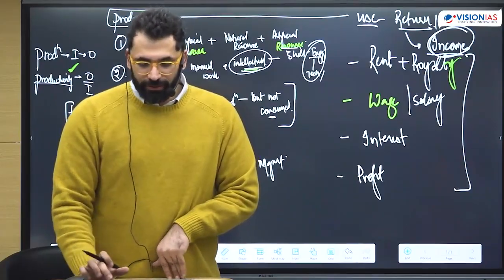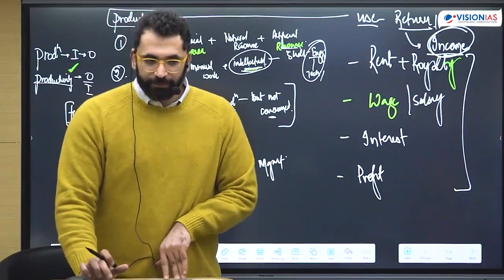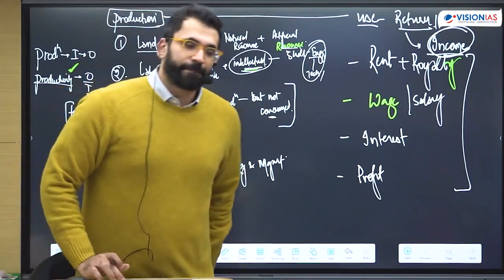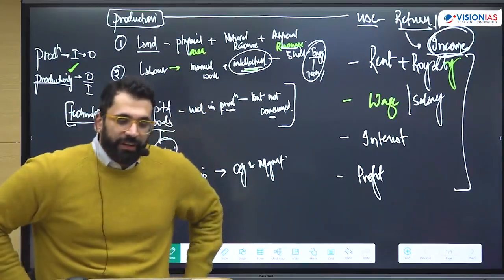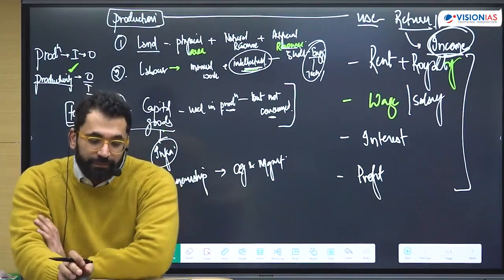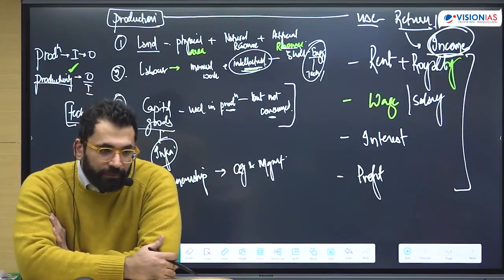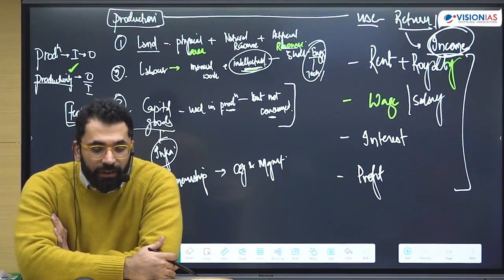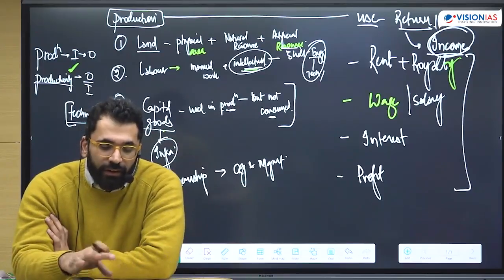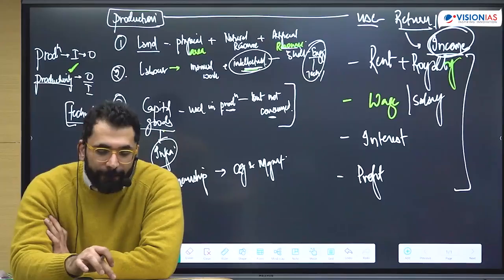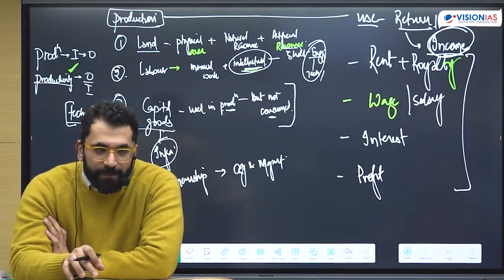When these factors are used, there is a return generated that is referred to as income, where income to land is rent and royalty.